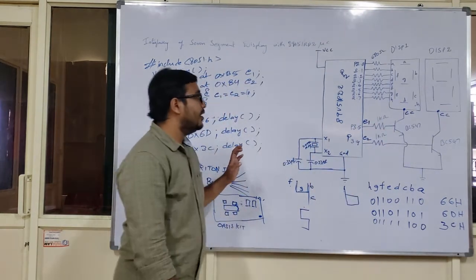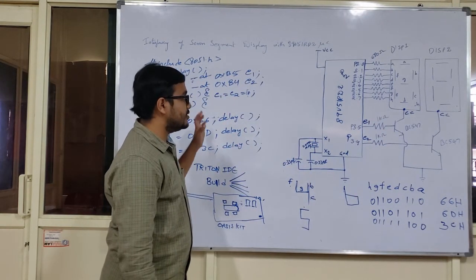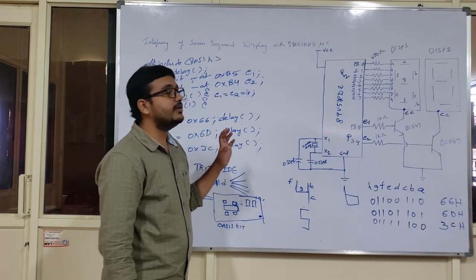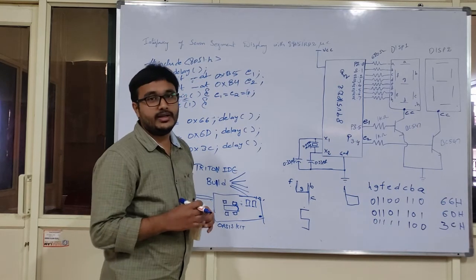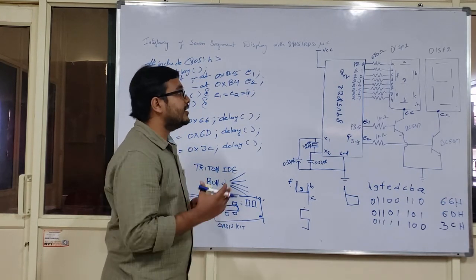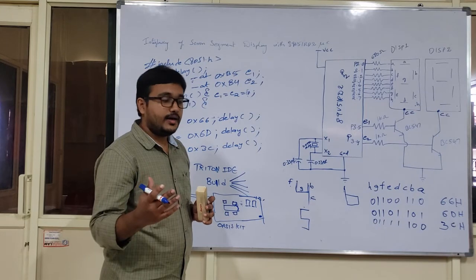So this is how to do the programming by using a normal programming technique, such that the 8051 microcontroller is interfaced with the 7 segment display, and after that you can develop certain applications.